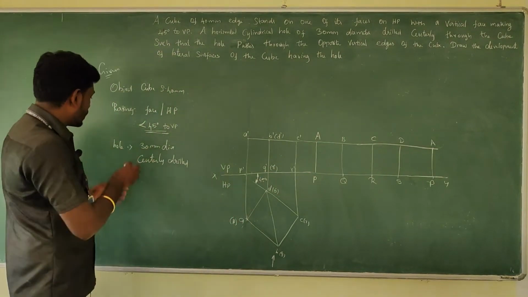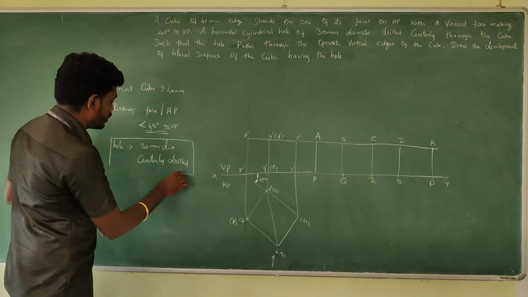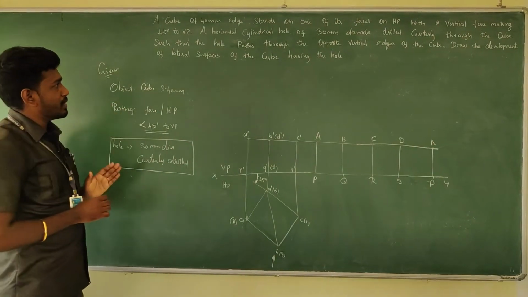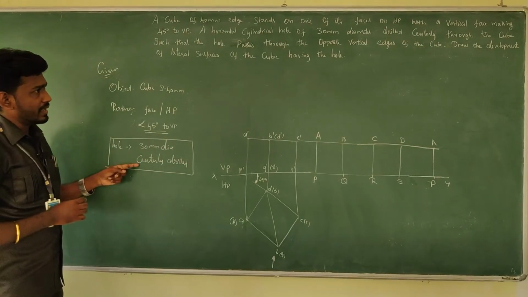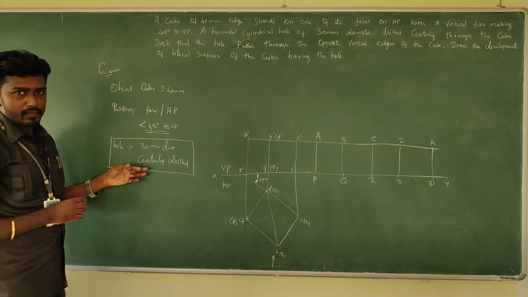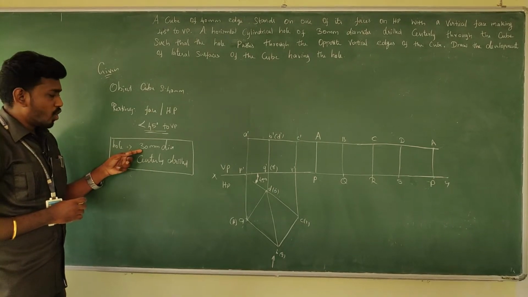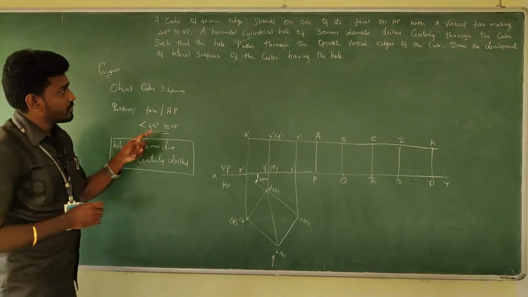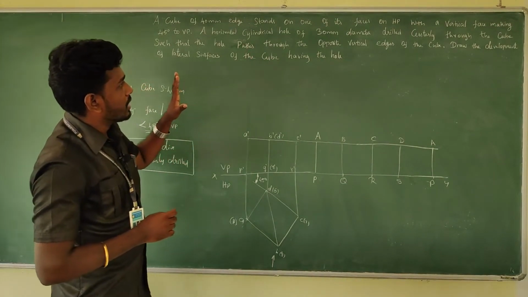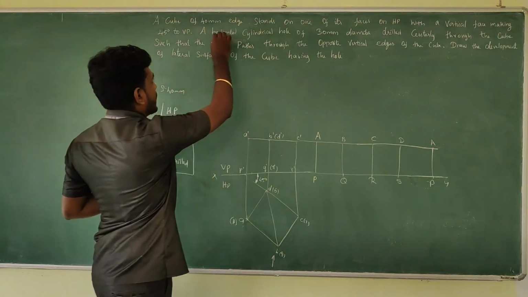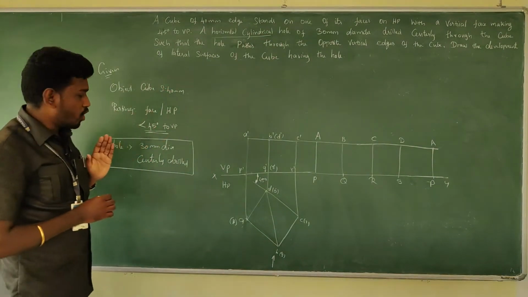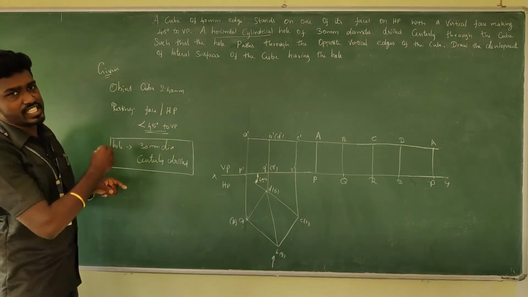What is the question? You need to form the development of the lateral surface for the object with the hole, right? What about the hole? The hole is a cylinder. It's given as a horizontal cylindrical hole which is placed centrally.